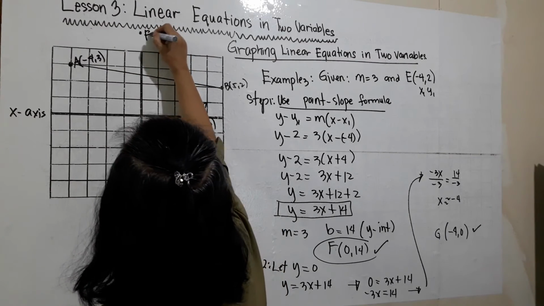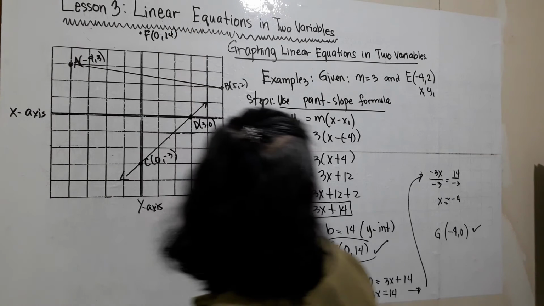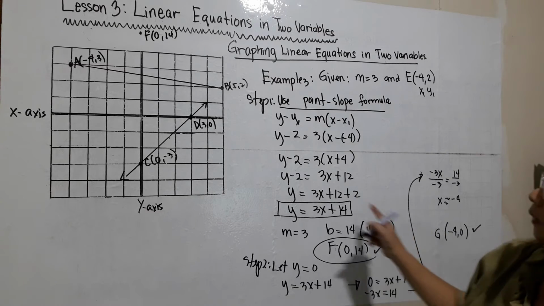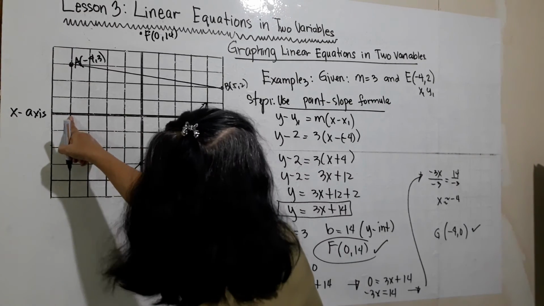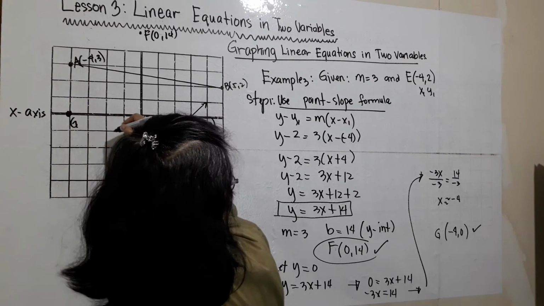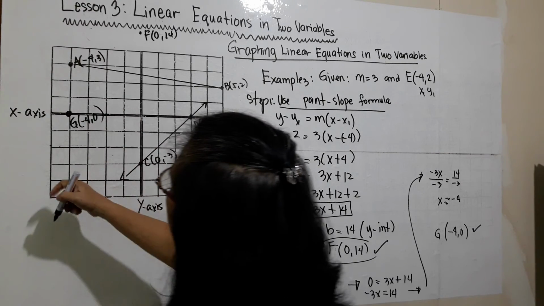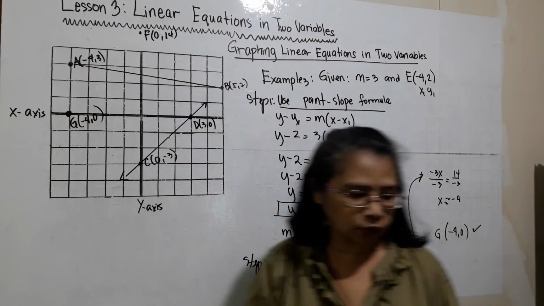For G, x is negative 4: 1, 2, 3, 4, and 0. So it's here. G is negative 4 and 0, the x-intercept, and F is the y-intercept. Then we can connect them.